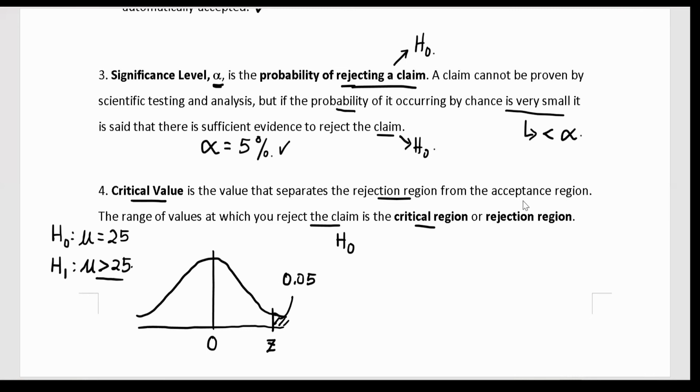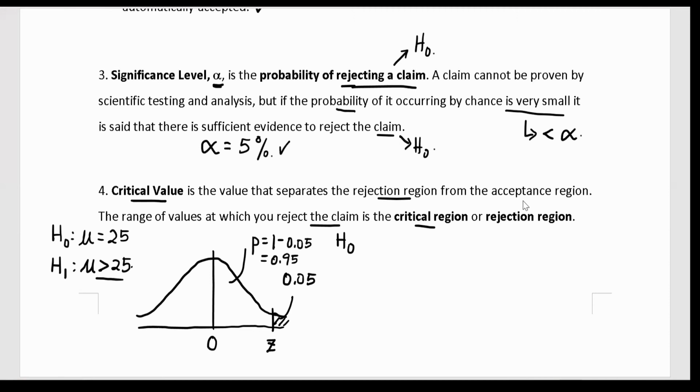In this case, it is the z-score we need to determine. So how do we determine this z-score value? We need to refer back to the normal distribution table, and the probability that we will look at is 1 minus 0.05, which is 0.95.